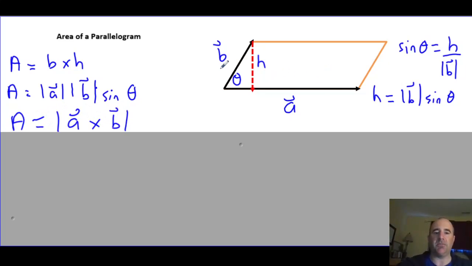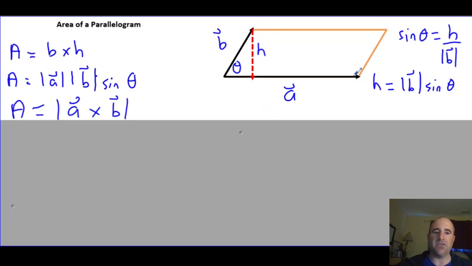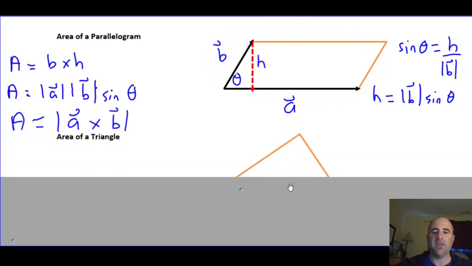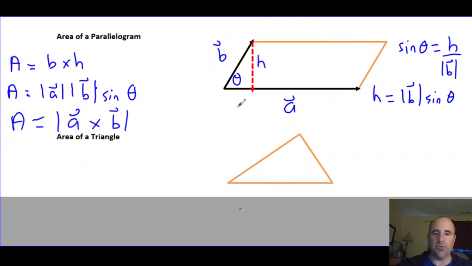Back to our parallelogram. You set up vectors A and B with the angle between them. The length of the diagonal gives you the sum. The other diagonal gives you the difference. And the magnitude of the cross product actually gives you the area of the parallelogram. Well, if you have a triangle with two vectors, it's going to be very similar.